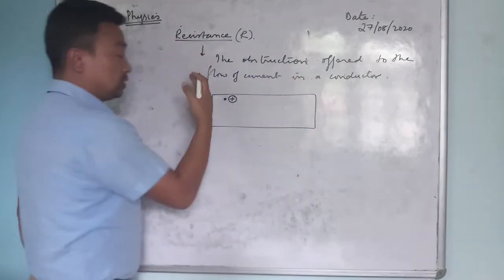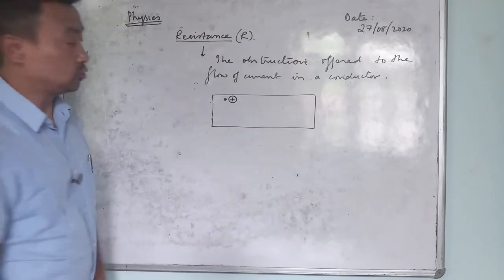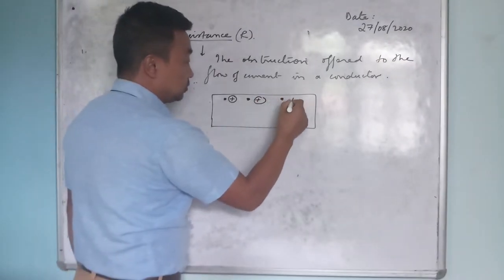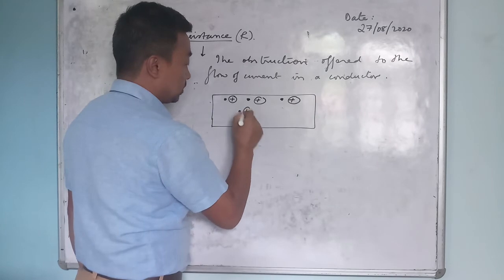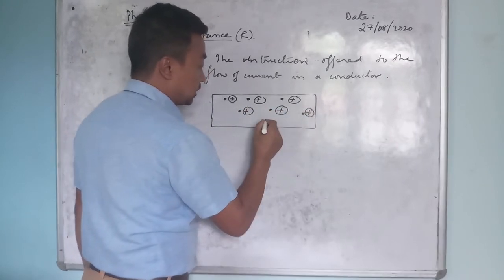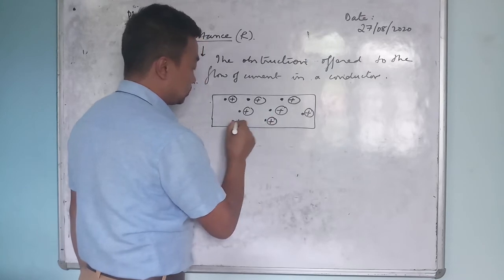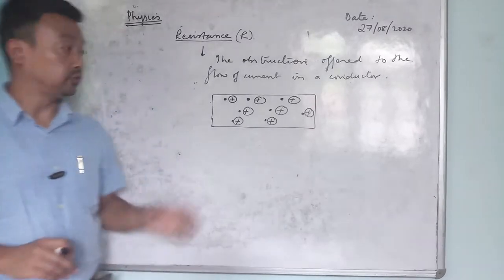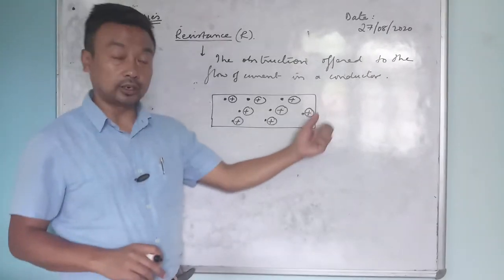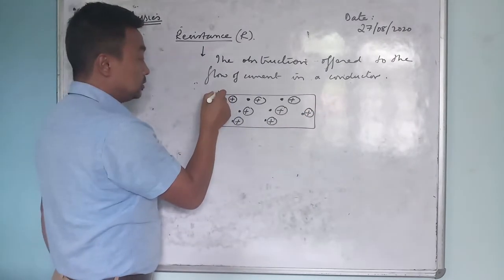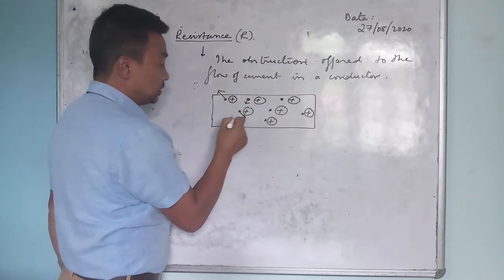In a conductor, there are an infinite number of electrons, so I'll just show you a few. In fact, it has got an equal number of electrons as well as positive ions. They are balanced. So when this metal is in a free state, when it is not connected to any circuit or wire, there is a random movement.